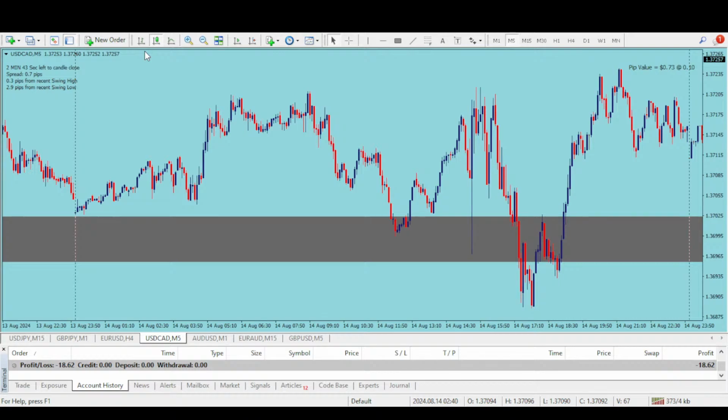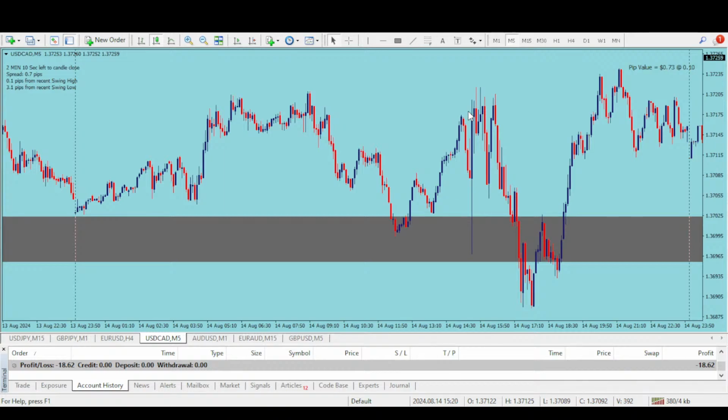Then what's our next swing? Here can be a swing, but where we have a cluster of swings, this area, we put our take profit here, which exactly worked.